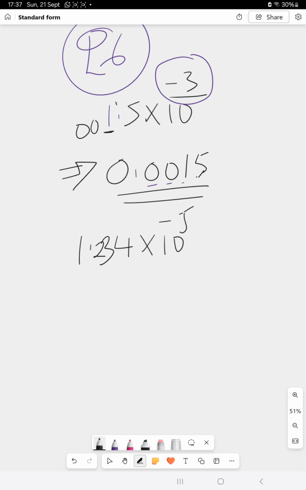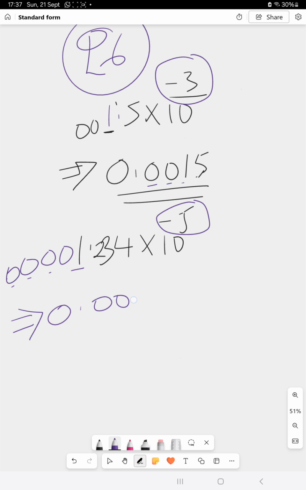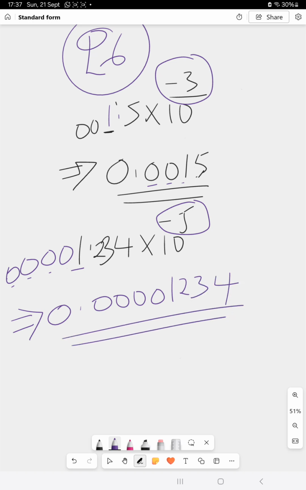We are moving 5 steps backwards. And therefore I start here: 1, 2, 3, 4, 5. And therefore now I write it here. So now the decimal is 0. Again, 1, 2, 3, 4, 5. So 0.00001234. As simple as that. Let me do the last question.